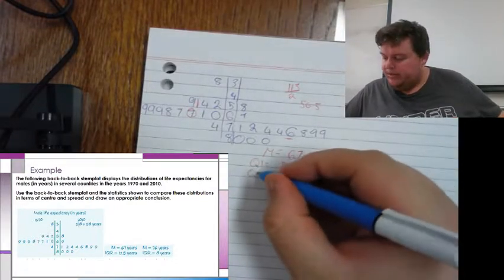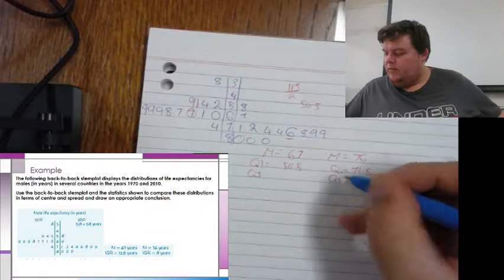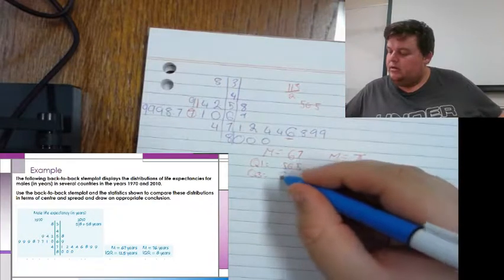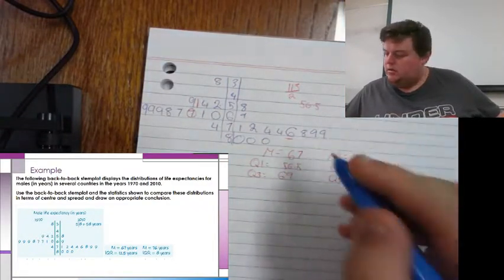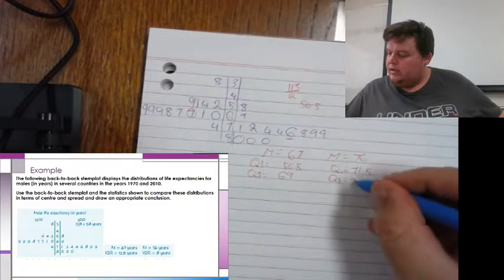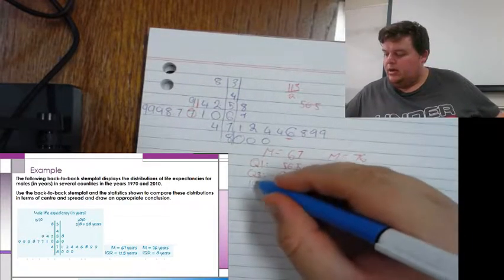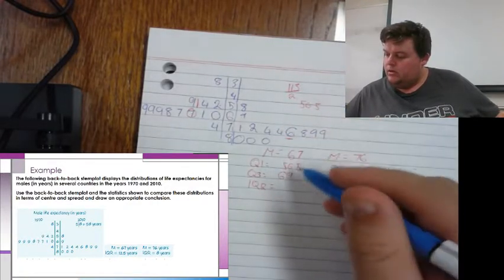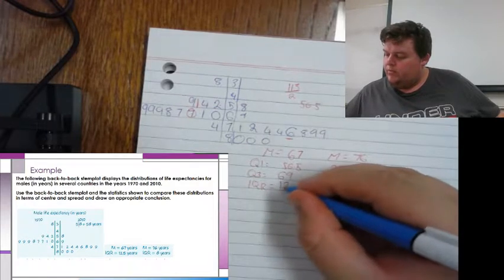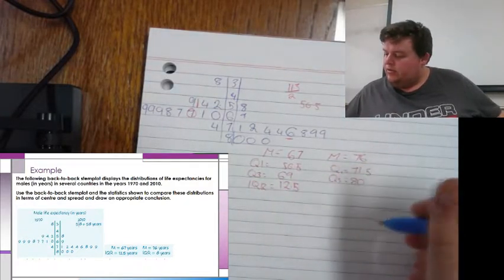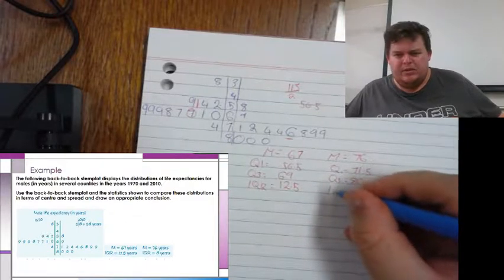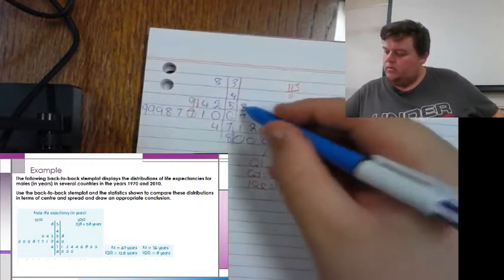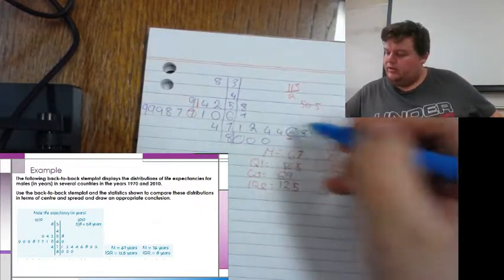Now we get our Q3s of both data sets. 1, 2, 3, and 4, so that's 69. And 1, 2, 3, and 4, that's 80, which means our IQRs are 12.5, and we've also got 8.5, which is weird because on this PowerPoint it doesn't say that, unless I stuffed it up.